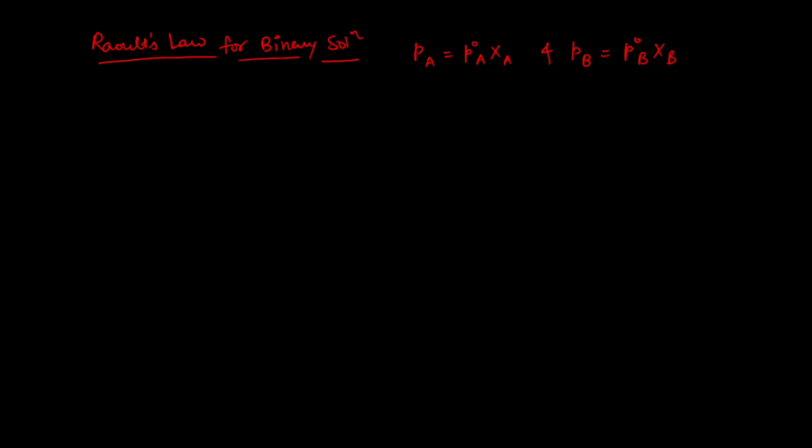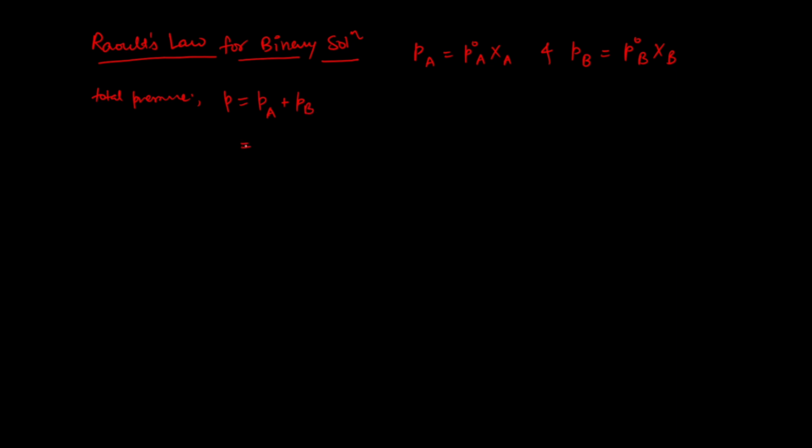From Dalton's law of partial pressure, we know that the total pressure P is the sum of both pressures, PA and PB.